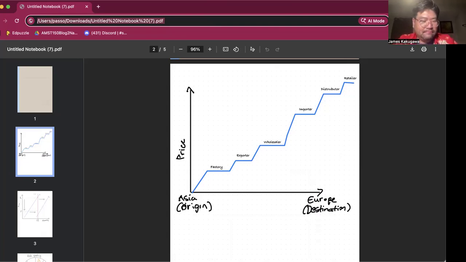So basically each step on this graph is a middleman. It's sort of a vertical price gap for transaction cost.